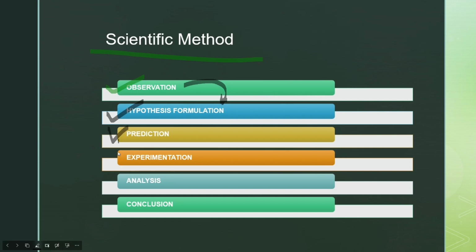Then comes the experimentation. The researcher will conduct an experiment. It will collect the data to test the hypothesis and evaluate the prediction. Then comes the analysis step. The researcher will analyze the data which has been collected through the experiments to determine whether the results support or refute the hypothesis.